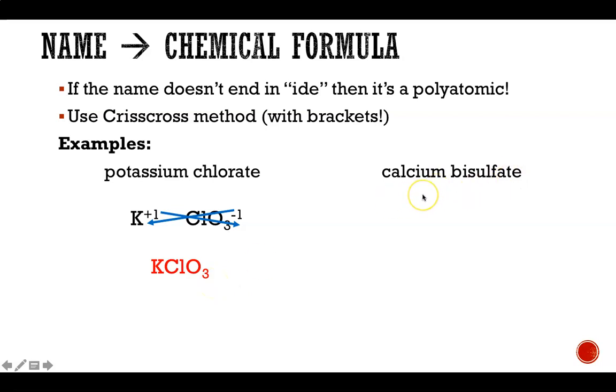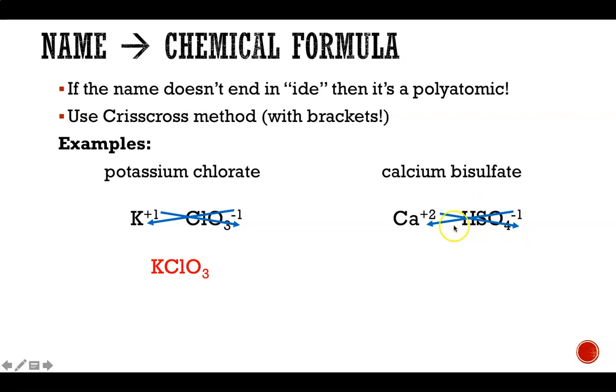And then for calcium bisulfate, again, let's start with the charges. So calcium is in group 2, meaning it has a charge of +2. Bisulfate, if we look at our chart, we'll see that's HSO4, and it has a charge of -1. So if we crisscross that, that 1 will come down to calcium, and this 2 comes down to HSO4.